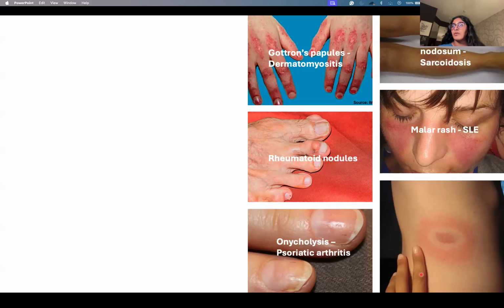What about this rash? So this is a bit of a difficult one. And I can give you a clue, it's like an infectious cause of joint pain.